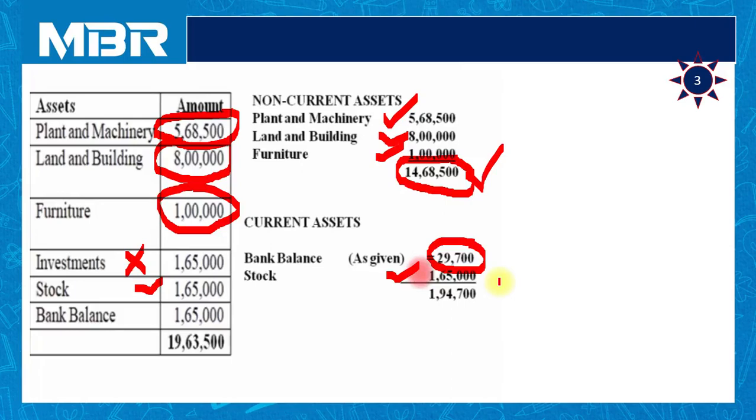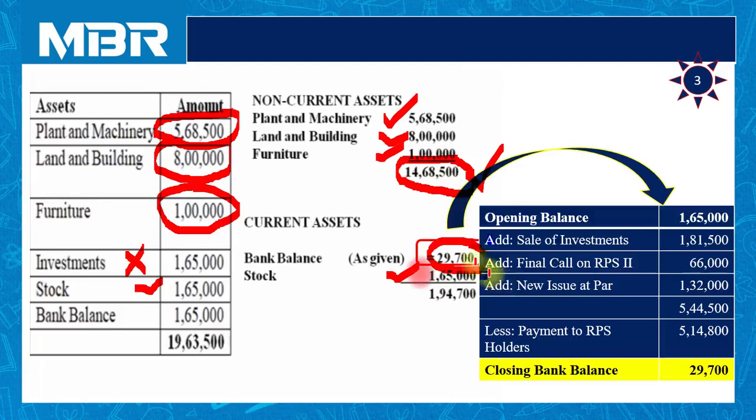It means at the end of the calculation, your bank balance would be 29,700. But if you don't want to follow these 29,700 directly, you can complete a calculation of cash balance or bank balance.